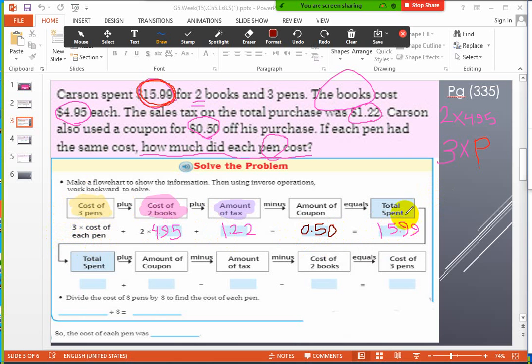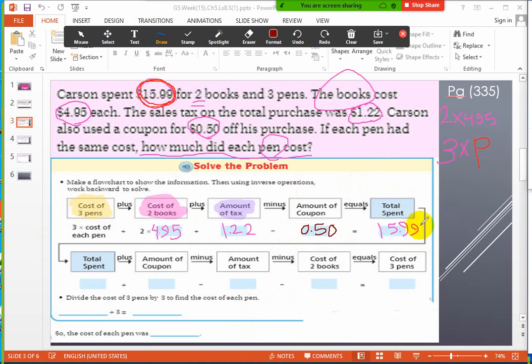The total spent is 15.99, and the cost of the books is 2 multiplied by 4.95. Also the tax is known for me. What I have to do here to find the cost of the pen, let's see. I will do it here next to the problem first, then I will write the answer.